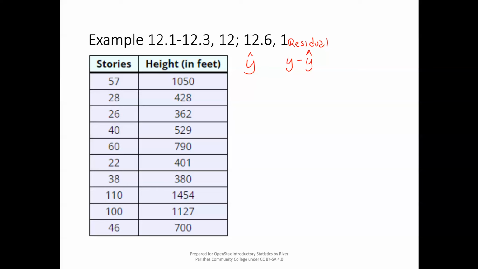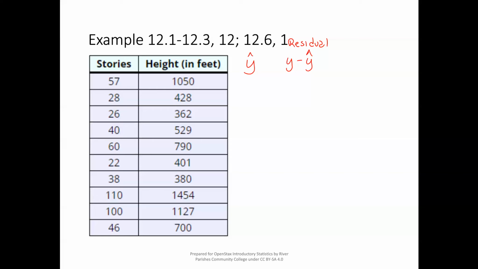So I have my scatter plot and then the graph of my regression equation. So now I want to find all of the y hats. Probably the easiest way to do this is to look at the table. Okay, so what do I have here? 57. Now you can also calculate this. That might be easy. And the other problem with the table that they give you is not in numerical order, which is kind of annoying.